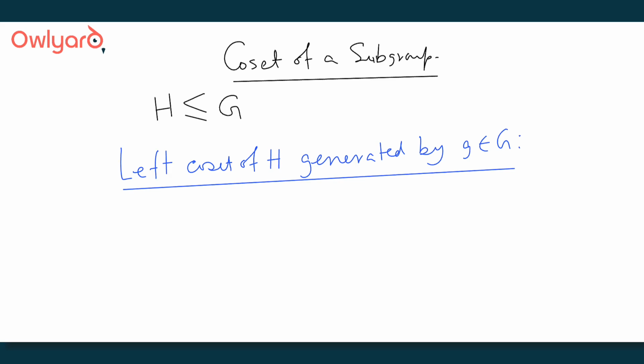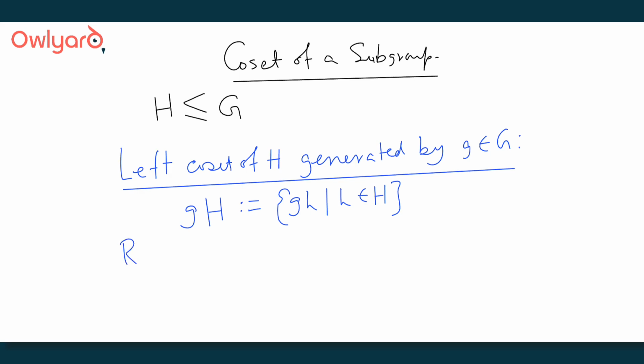And as it will be clear when I give you the definition, this is going to be a set denoted as the element g times the group H, and it is defined as gh such that h belongs to H. So essentially, the left coset generated by an element g is the set that you obtain by multiplying each member of the subgroup H with that element g. That's what it means.